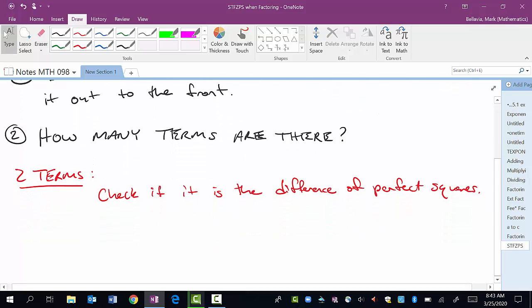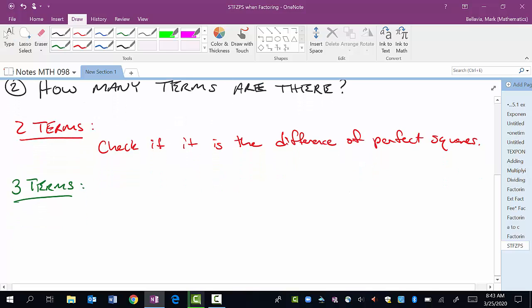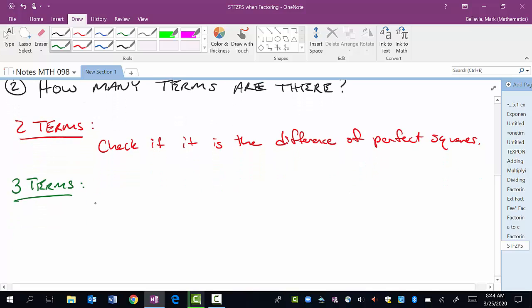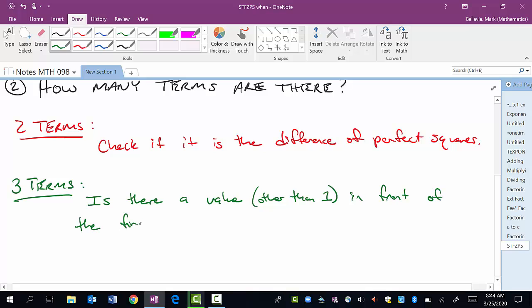Alright, if there weren't two terms, perhaps there were three terms. So if there's three terms, you have to ask yourself, is there a value, other than 1, in front of the first term? So if you're factoring, you factor out a GCF, count the number of terms that are left, and there's three terms.